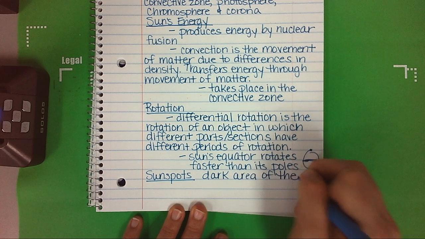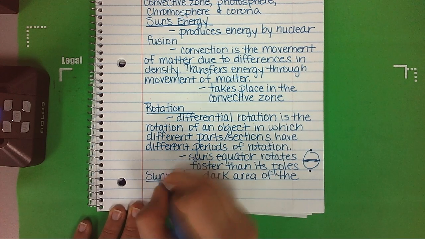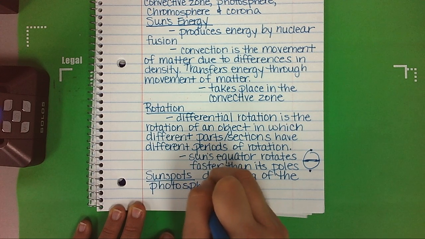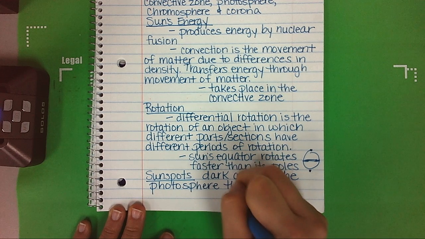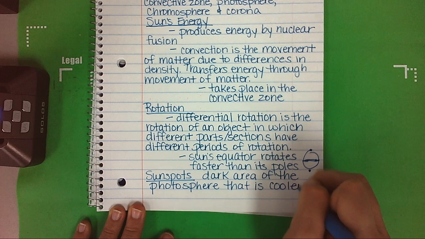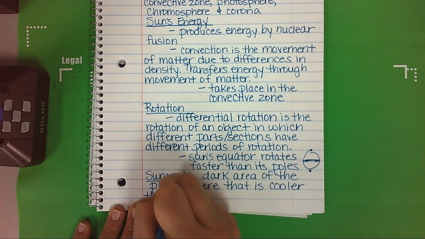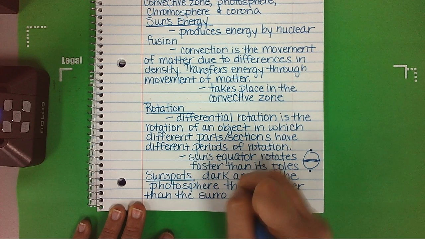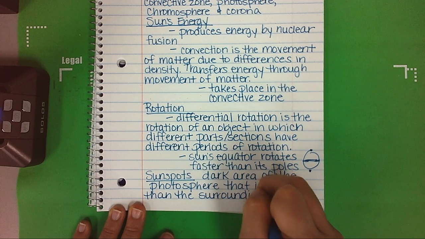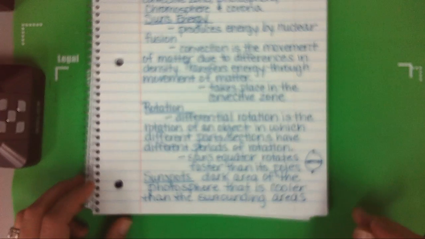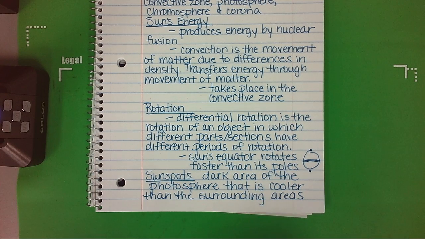So that's one of those parts of the sun that is cooler than the surrounding areas. Okay, so a sunspot is a dark area of the photosphere that is cooler than the surrounding areas.